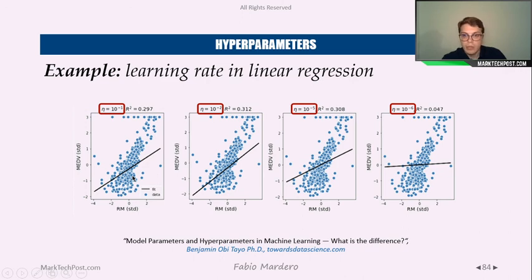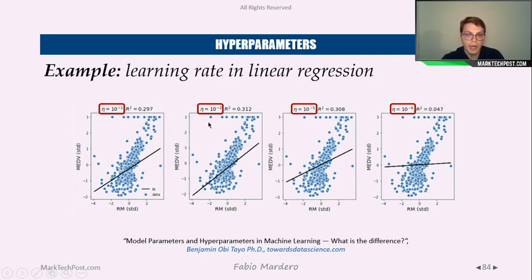The linear regression is always the same. It requires only two parameters, as we have seen before. But here, the different learning rate changes the way the model adapts to the data. In this case, it adapts in a poor way.